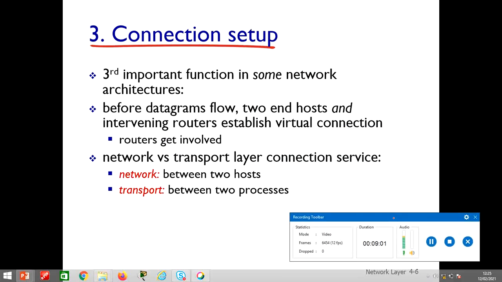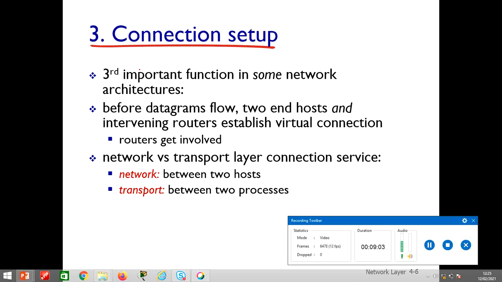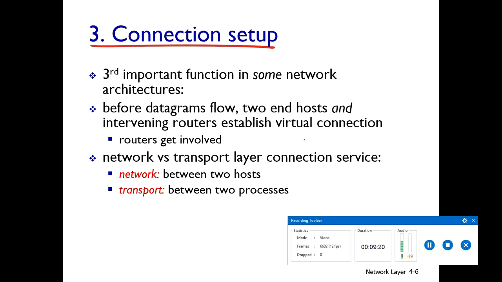Alright, so the third important function is connection setup. In some network architectures, before datagrams flow, the end hosts connecting with the routers must establish a virtual connection or logical connection. But it is not always the case. If we are using a virtual circuit network, then a virtual connection is established.